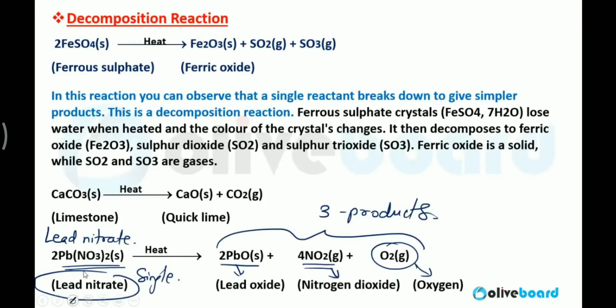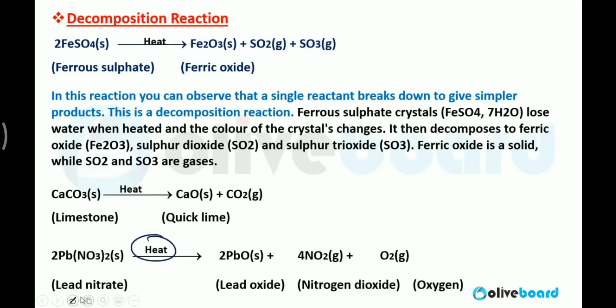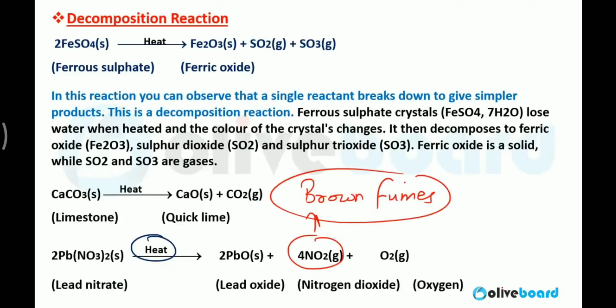And whenever you heat lead nitrate, you will be able to see brown fumes. Just remember, whenever you heat lead nitrate you will get brown fumes, and these brown fumes are because of the release of nitrogen dioxide gas.